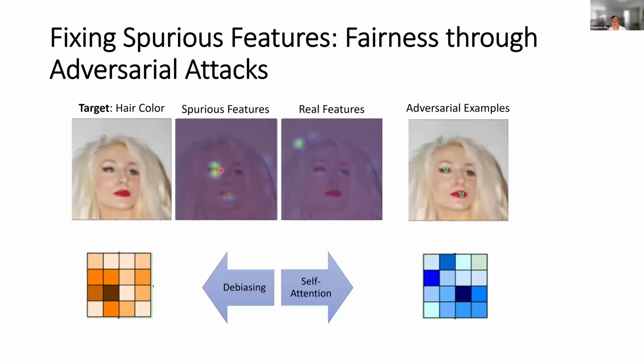These are implicitly correlated with other targets, not the hair, maybe the gender or makeup. So the idea here is we first use our explanation approach to find those features. Then we attack those features, putting some small pixel perturbations to minimize them. This is the nutshell approach.